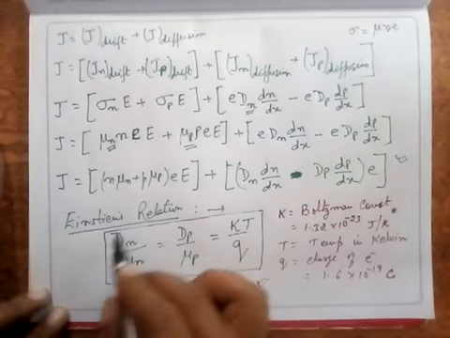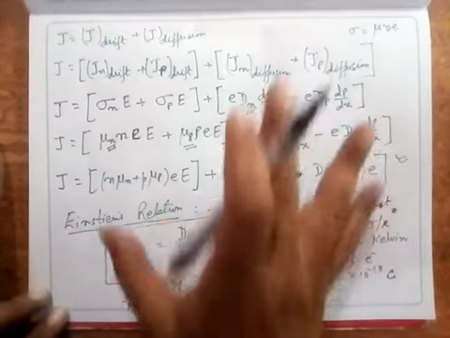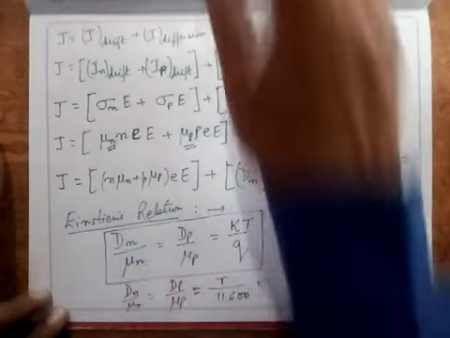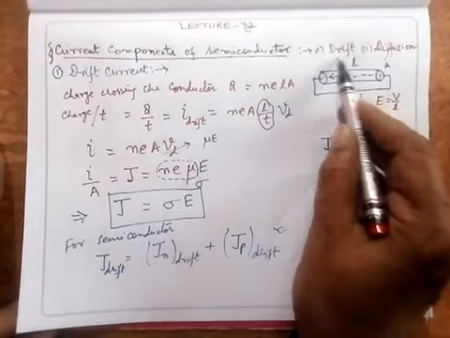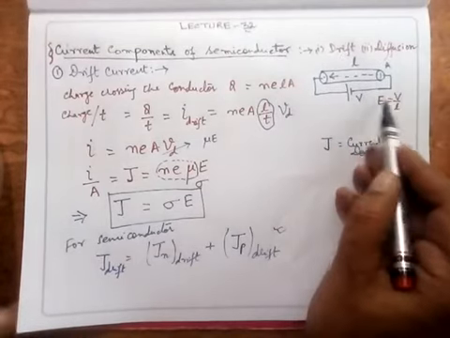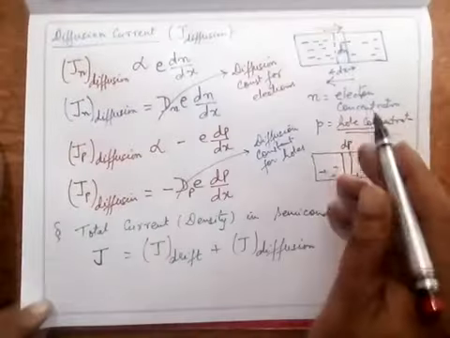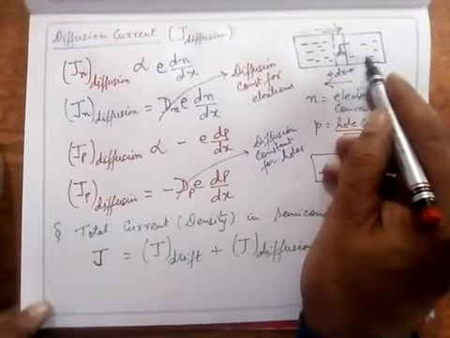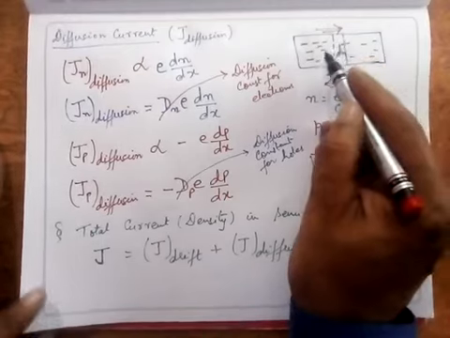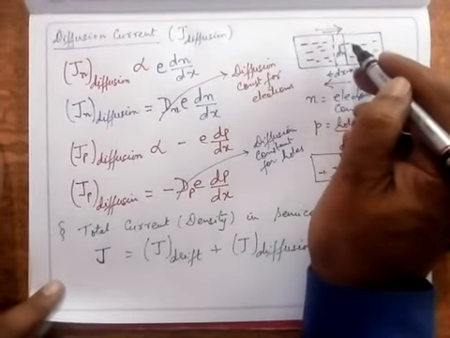So this is called the Einstein relationship, and this is the total current, as I have discussed here in this article. The total current once again is the drift current and diffusion current. Drift current is due to the applied electric field, and this diffusion current is due to this potential gradient, or charge gradient, or due to the non-uniformity of the charge.